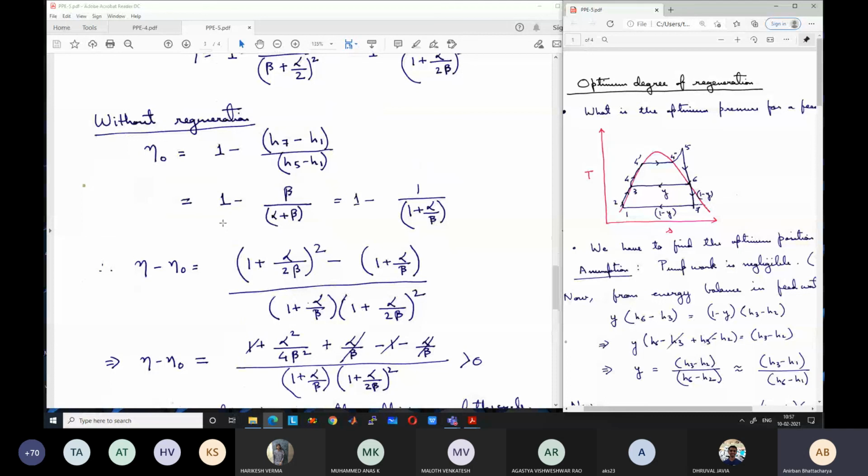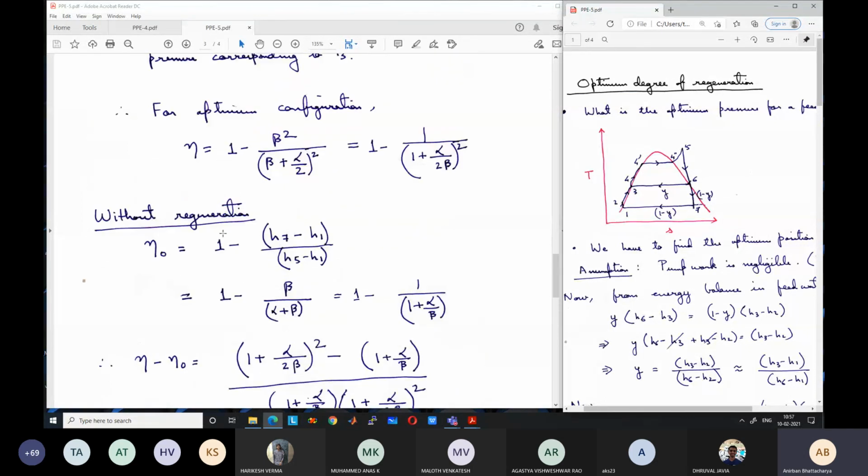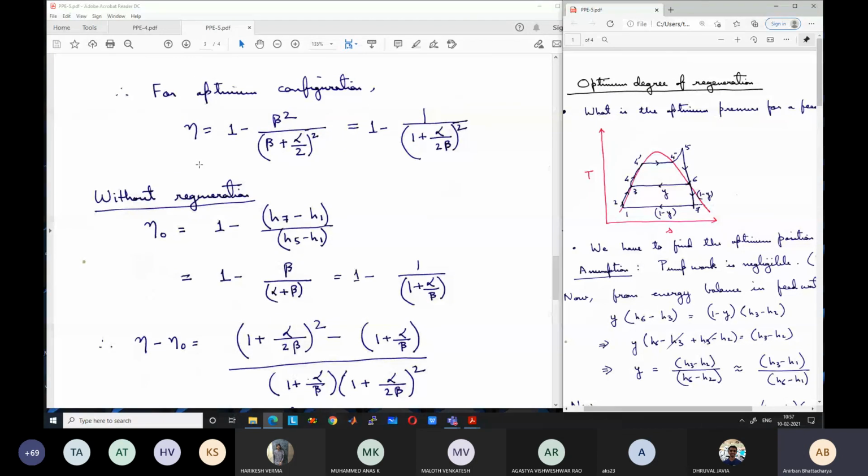So eta minus eta 0, if it is positive, it means that the optimum efficiency is higher compared to without regeneration. So the optimum point is for the maximum efficiency. You can just replace eta and eta 0 with these expressions: eta is 1 minus 1 by 1 plus alpha by 2 beta whole square, minus eta 0, which is 1 minus 1 by 1 plus alpha by beta.